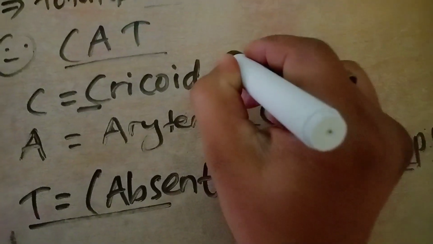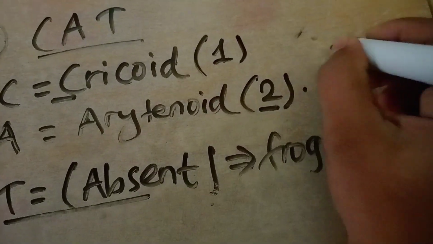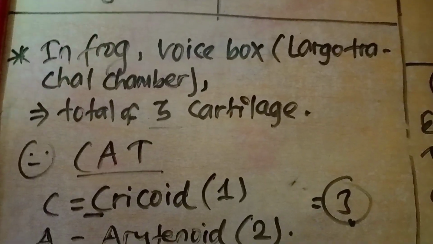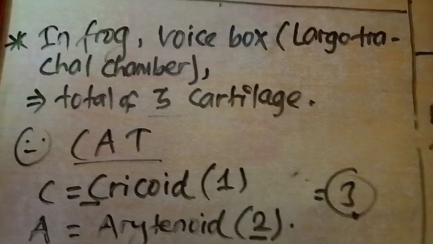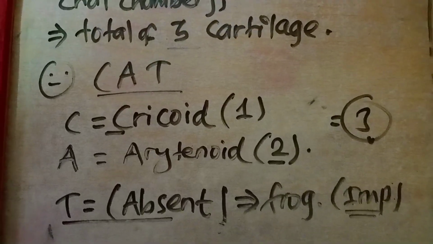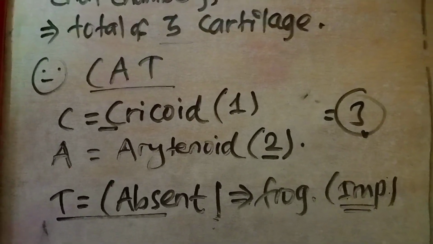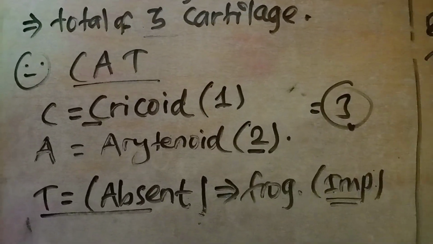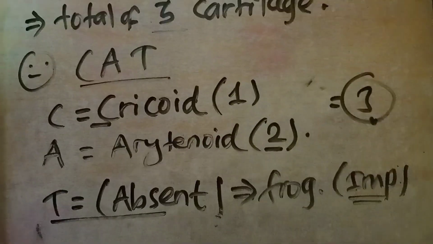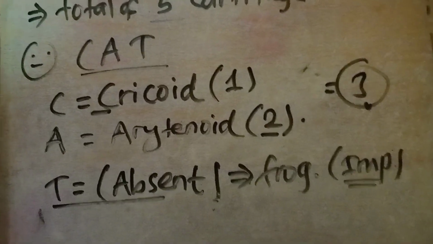So 2 plus 1, 3 cartilage in frog. So we can say the voice box, the laryngotracheal chamber of frog, has 3 cartilage. We have one trick, CAT. Cat has a special meaning, so cricoid is unpaired in human, so unpaired in frog also, arytenoid is paired, so paired here also, and the thyroid is absent in frog, which is a special and important point also.